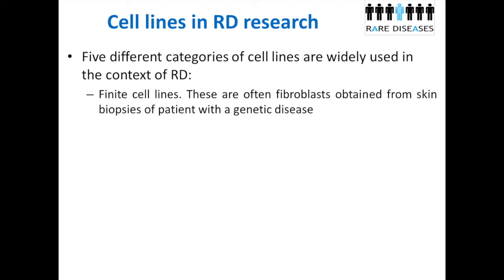Quite often those are established at the time of diagnosis. And while those are a finite resource, not immortalized cell lines, they can be banked, they can be distributed, and they're generally distributed by different entities like Coriell or some biobanks.